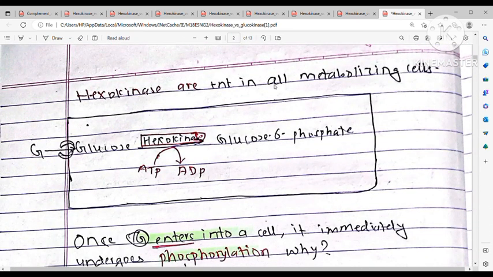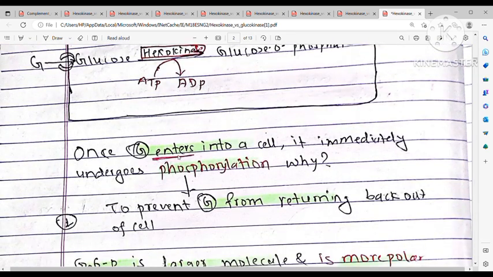Hexokinases are present in all metabolizing cells. Glucose enters the cell, then glucose is converted to glucose 6-phosphate by hexokinase. ATP is used here. Once glucose enters a cell, it is immediately converted to glucose 6-phosphate. Why? Because glucose can easily pass through the cell, that is, it can cross the cell membrane.